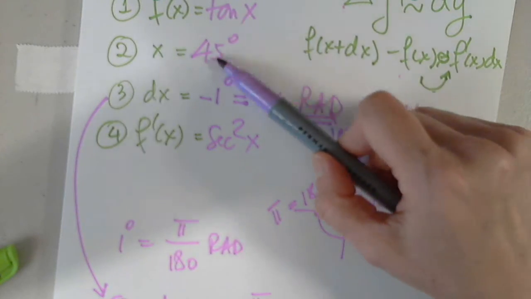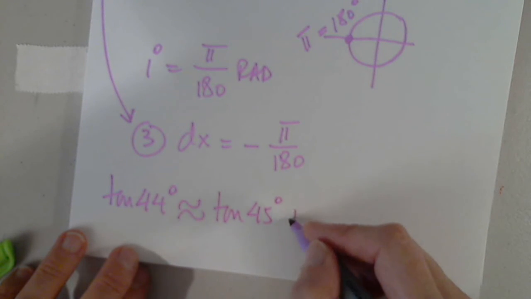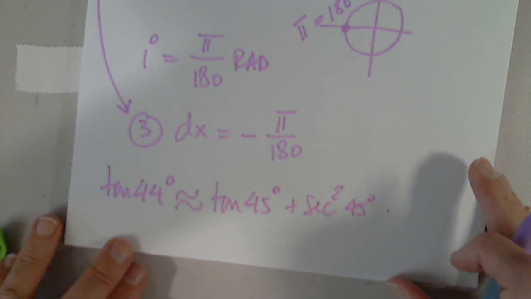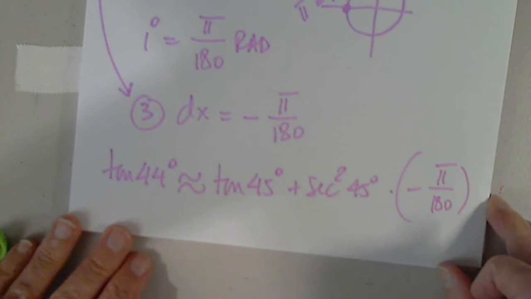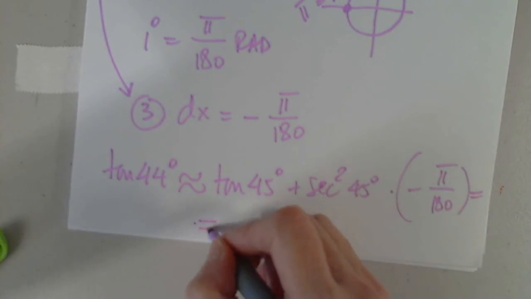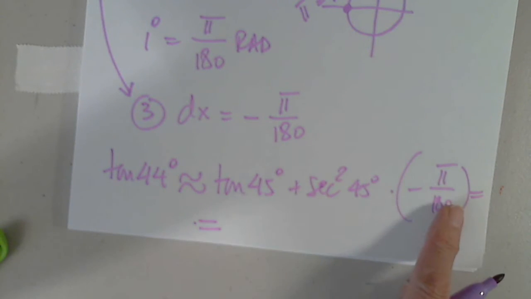How much is tangent 45? To put it here, let me write it. Maybe I should write it first. Tangent 45 degrees plus secant squared of 45 degrees times negative pi over 180. And now I can write the equal symbol. From here, I can write the equal symbol. From here, I cannot write the equal symbol.